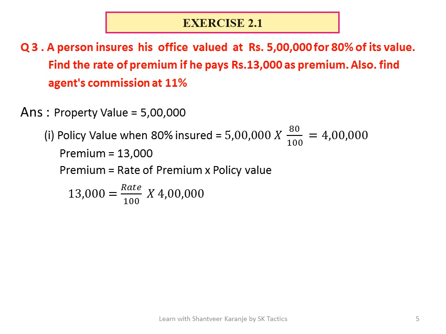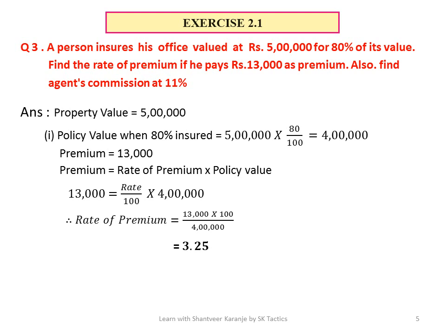So 13,000 is equal to rate, always we write rate by 100, into 4 lakh. By interchanging left hand side to right hand side, rate becomes 13,000 into 100 divided by 4 lakh, and the answer is 3.25. So rate of premium is 3.25%.